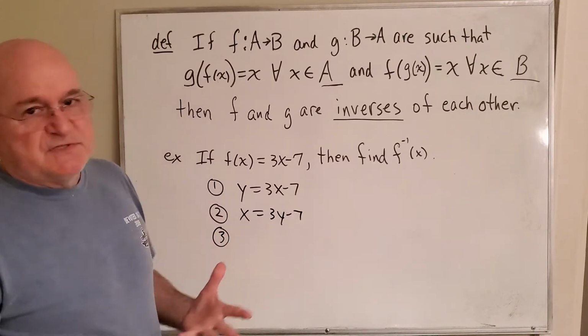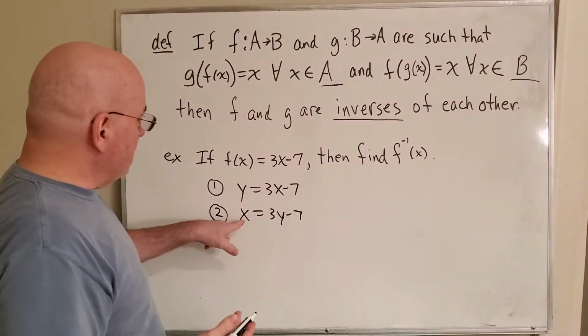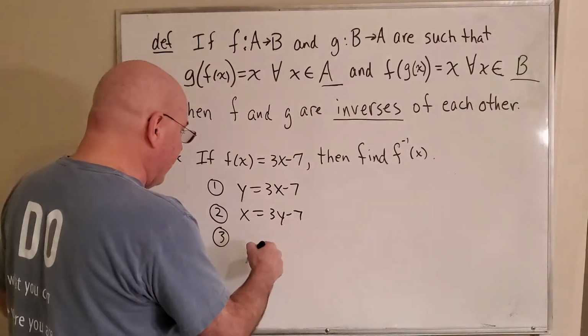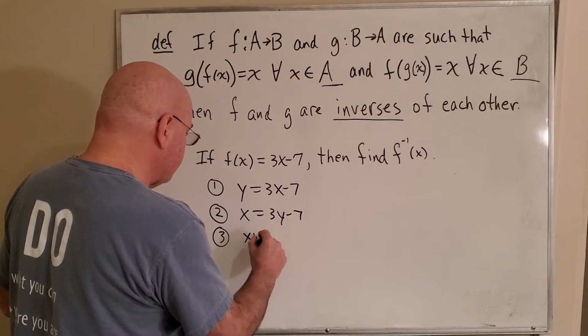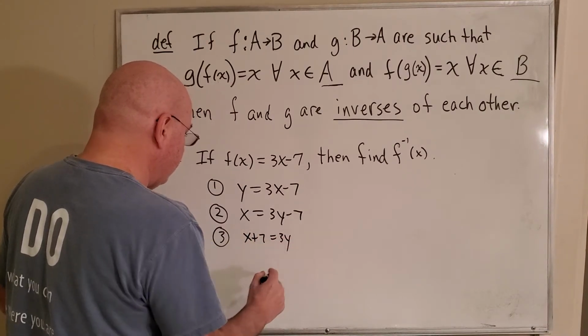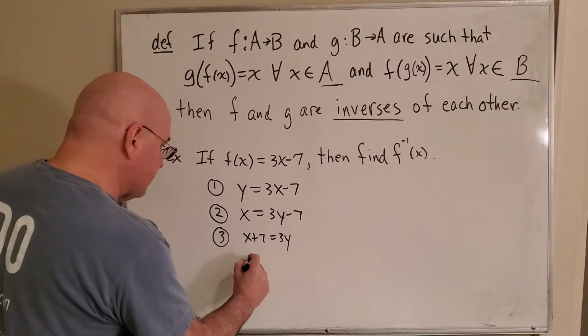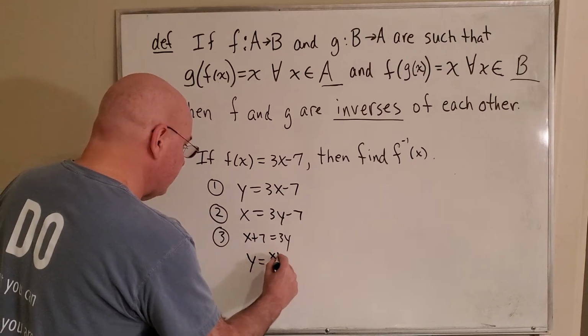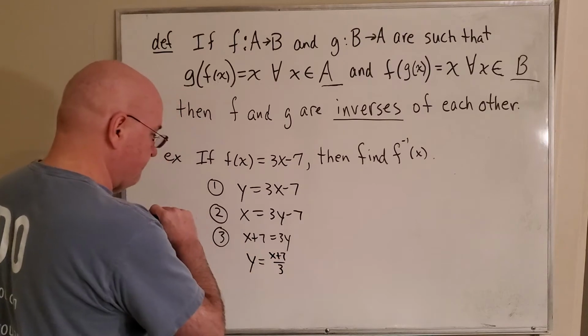Step 3 is solve for y. So I'm going to add 7 to both sides. And one more line to get y by itself. I would say y is, dividing by 3, x plus 7 over 3.